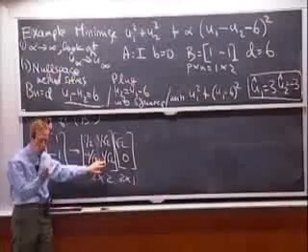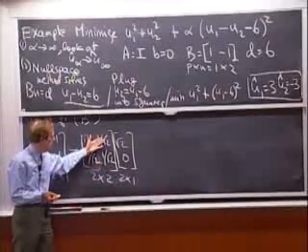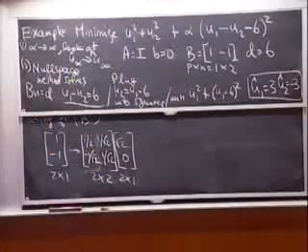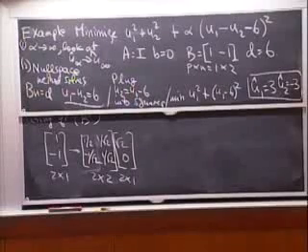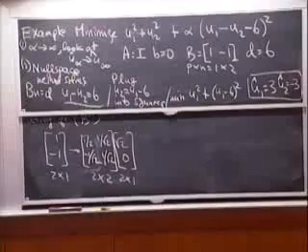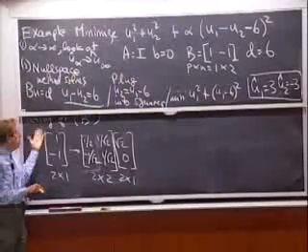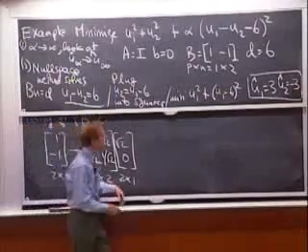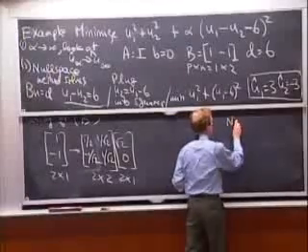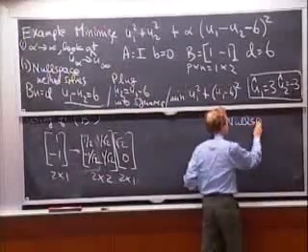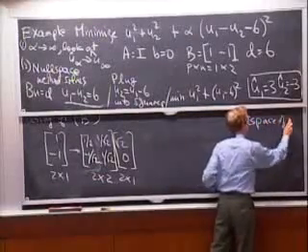From this 1, 1 vector, or 1 over square root of 2, 1 over square root of 2 vector? What good can that do us? It's the null space of B. So B was 1, minus 1.